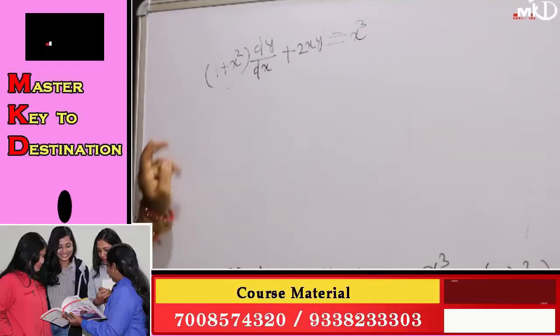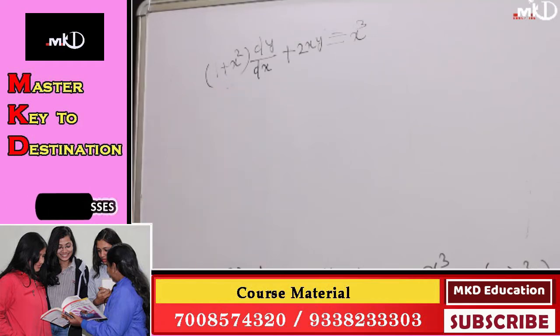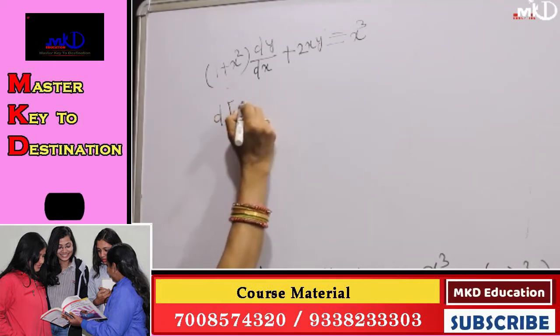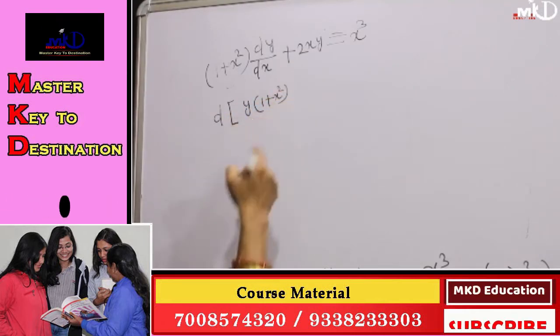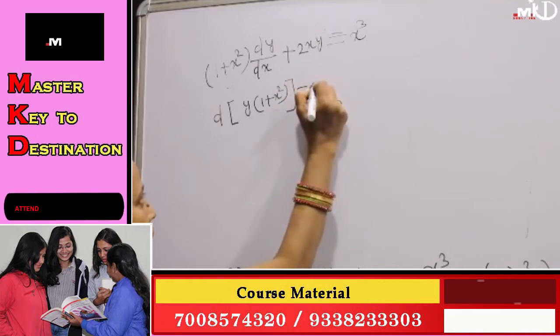Now after multiplication of the integrating factor, the linear differential equation becomes the derivative of y into 1 plus x square, which is our integrating factor, is equal to x cube.